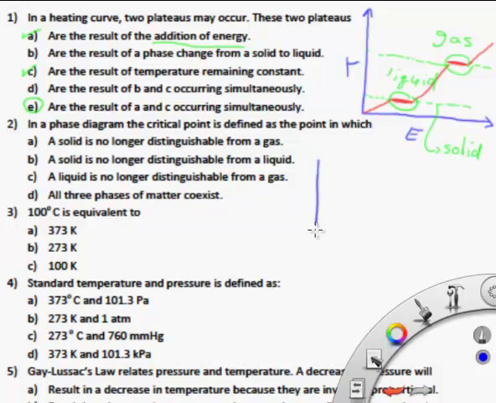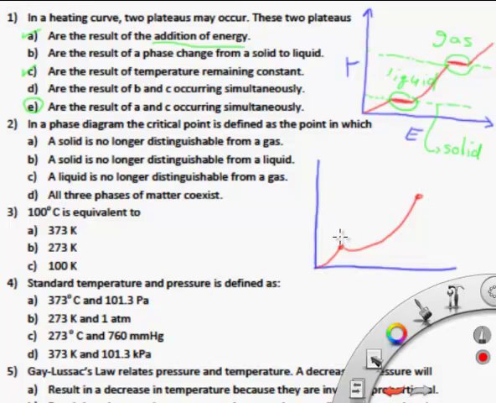Again, it'll be a graph. The general shape of our phase diagram is going to look a little bit like this. It's going to increase, we're going to have a point. It's going to come out like this. There's going to be another point.